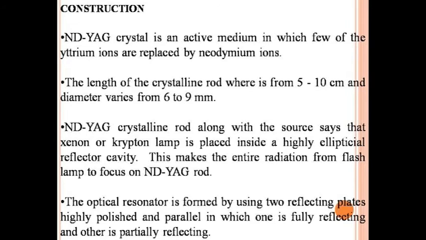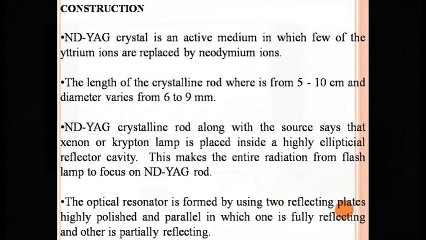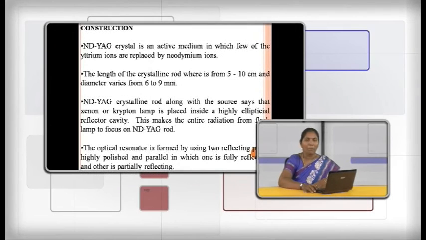This makes the entire radiation from the flash lamp focus on the Nd:YAG crystal rod. The optical resonator is formed by using two reflecting mirrors, which are highly polished and parallel, in which one is 100% reflecting and the other one is partially reflecting.